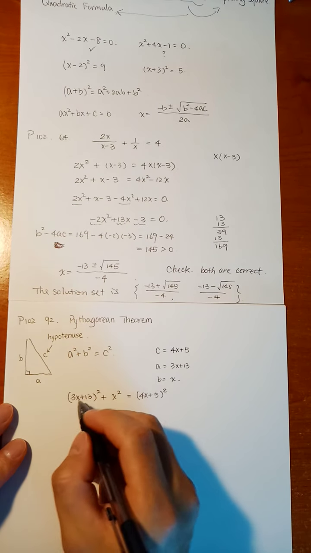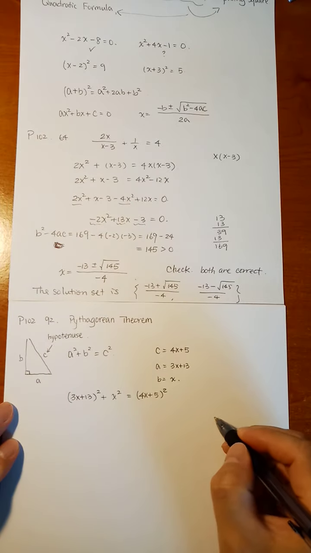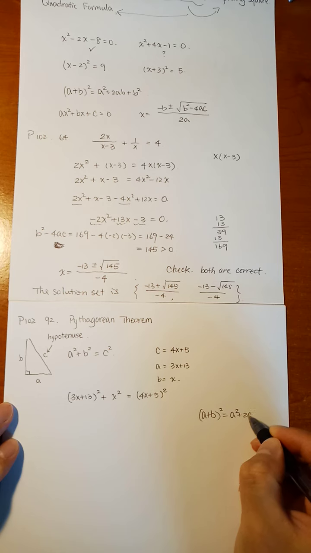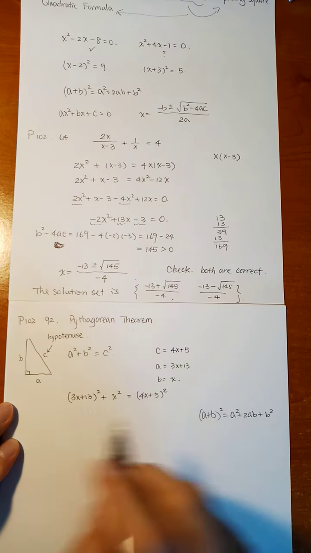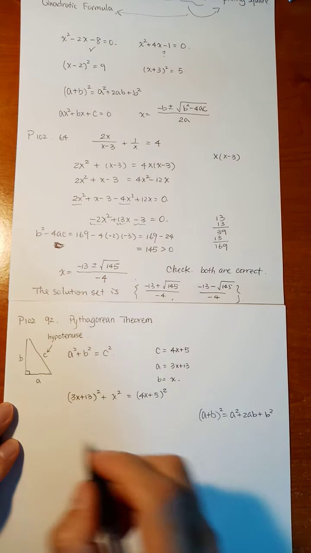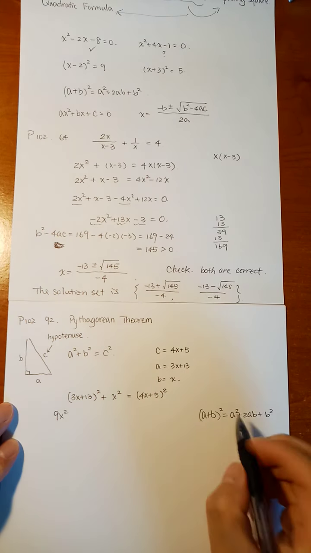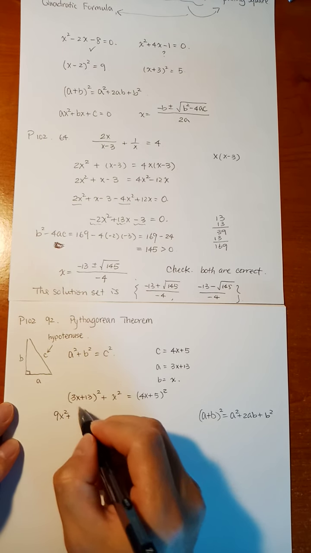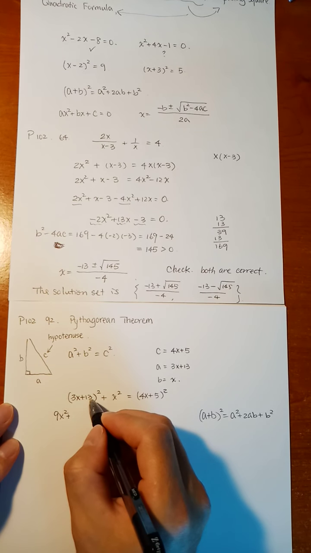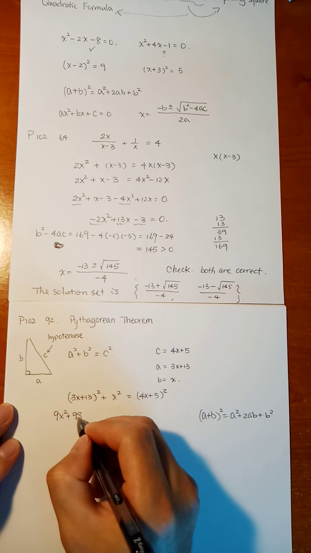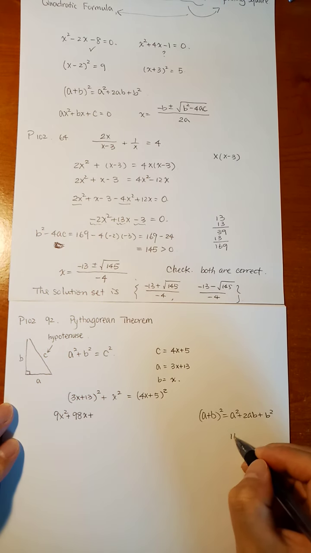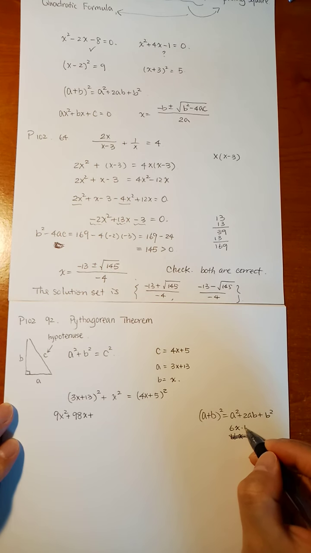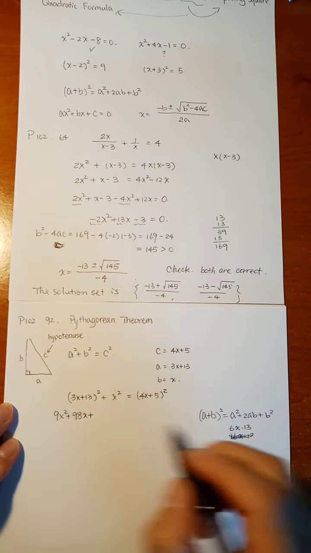3x plus 13 squared expanded. Remember that we have a plus b squared is a squared plus 2ab plus b squared. So a is 3x. 3x squared is 9x squared. 2ab, so 2 times 3x times 13. 2 times 3x is 6x times 13. 6 times 13, not 90, 78.